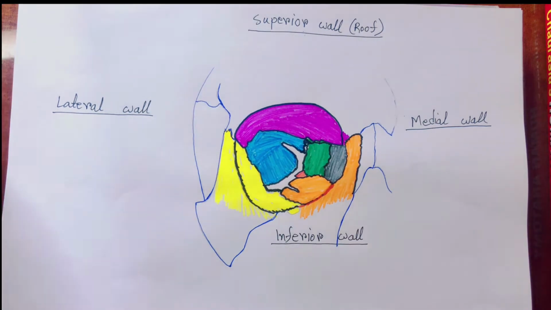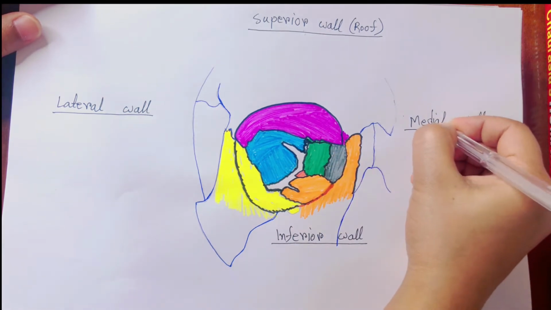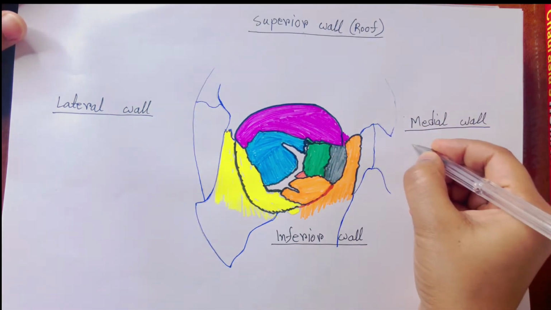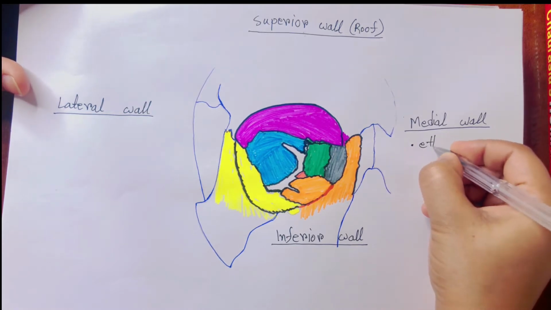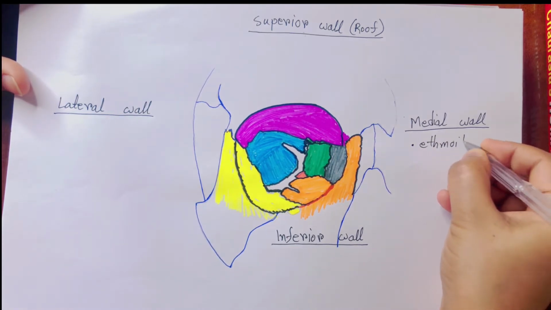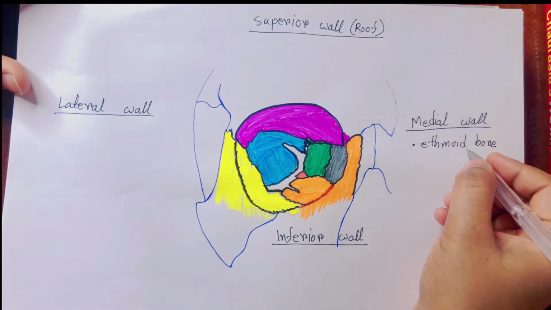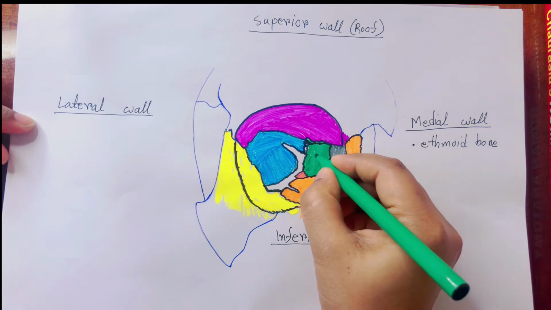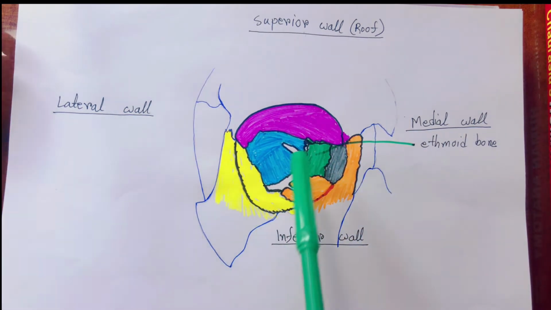First we will see bones present in the medial wall. Now the medial wall comprises the ethmoid bone in the center. So this green color bone, this is ethmoid bone. It is present centrally.